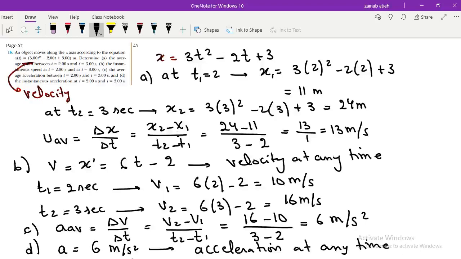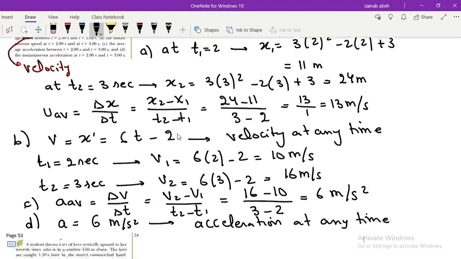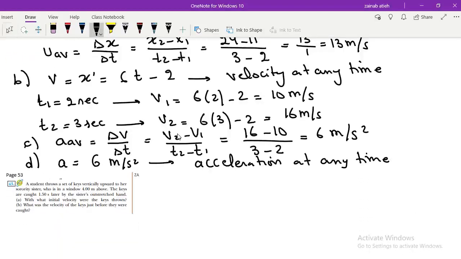Let me write here that it includes, at any time, which includes t1, which is 2 seconds, and t2, which is 3 seconds.